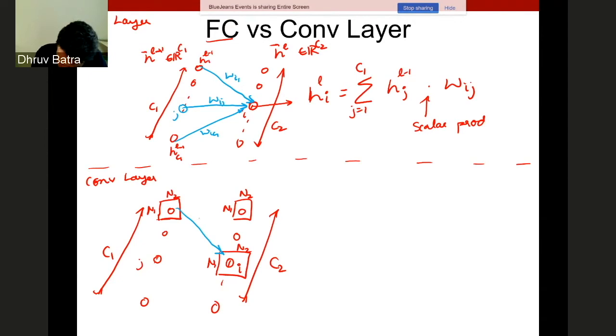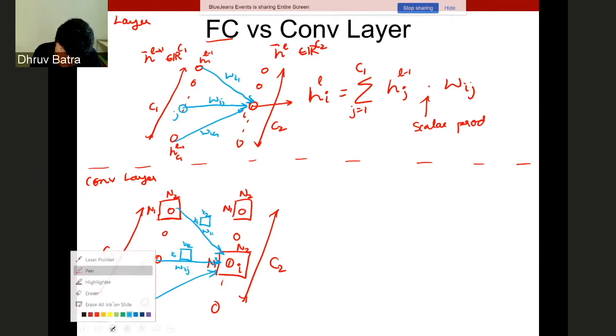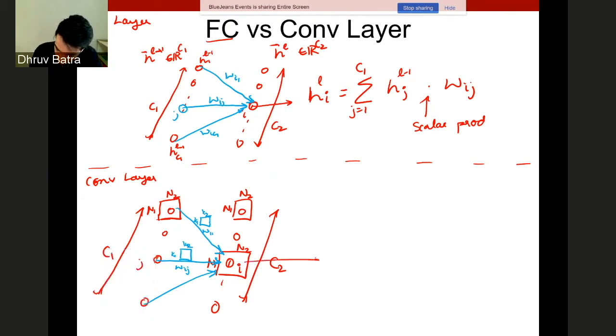Now W_i1 is also a matrix. This is W_i1, which is a k1 times k2 matrix. W_ij similarly is a k1 by k2 sized matrix. And along each edge on the top is a scalar, along each edge here is a matrix.